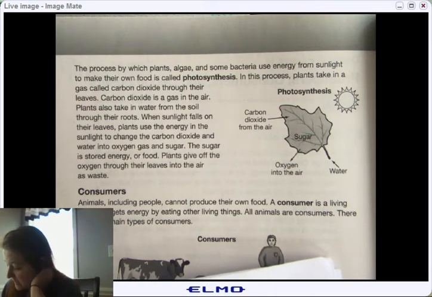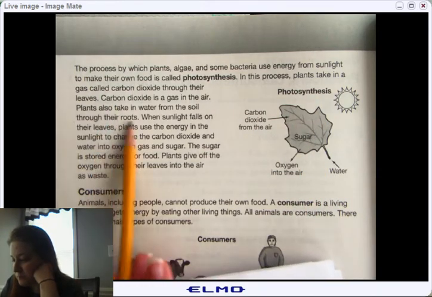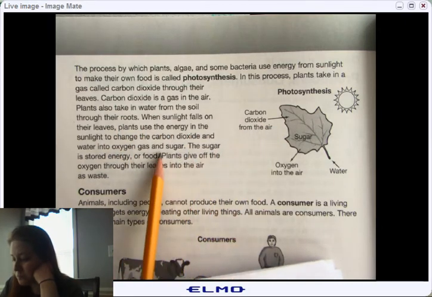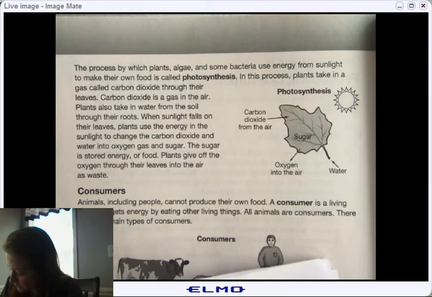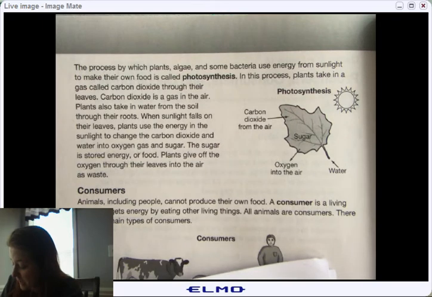Plants take the carbon dioxide and water from the environment and use the energy in the sunlight to change them into oxygen gas and sugar.